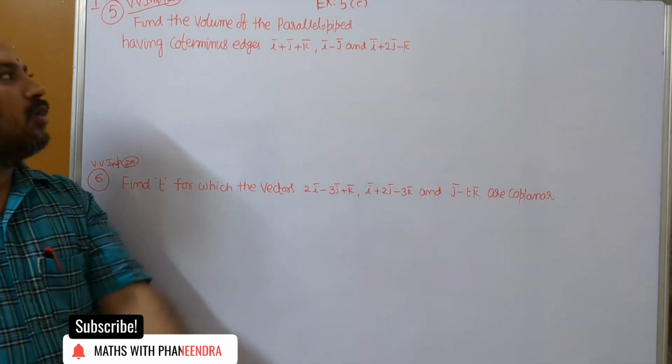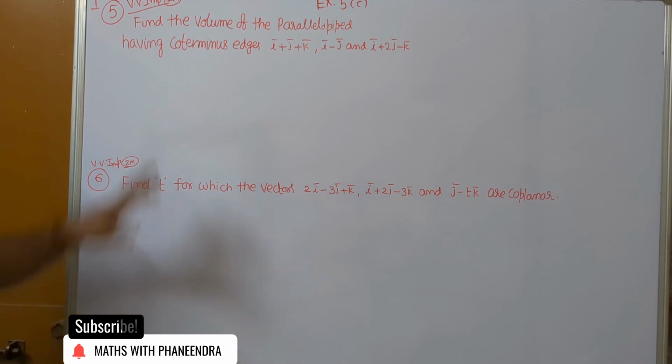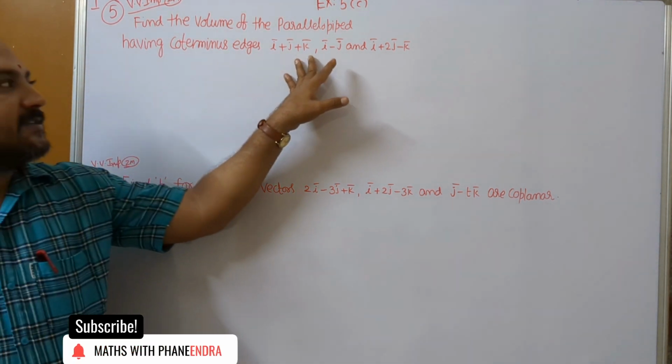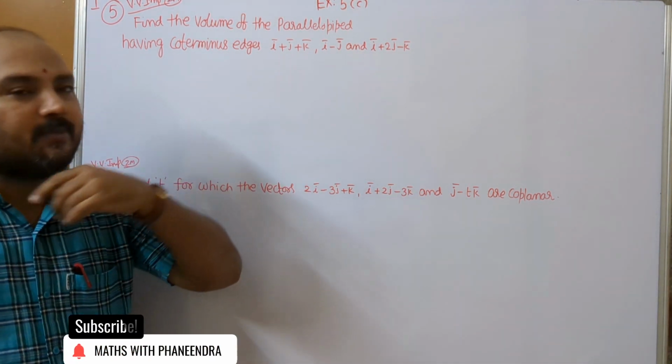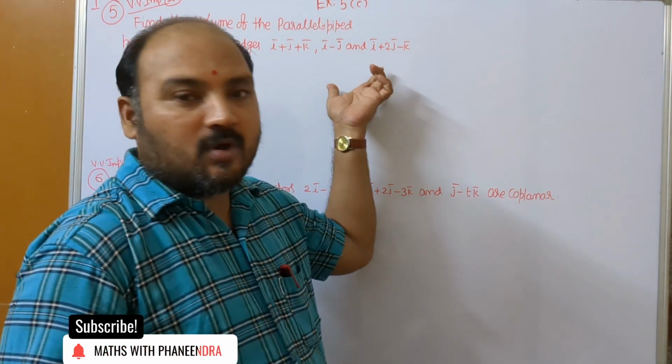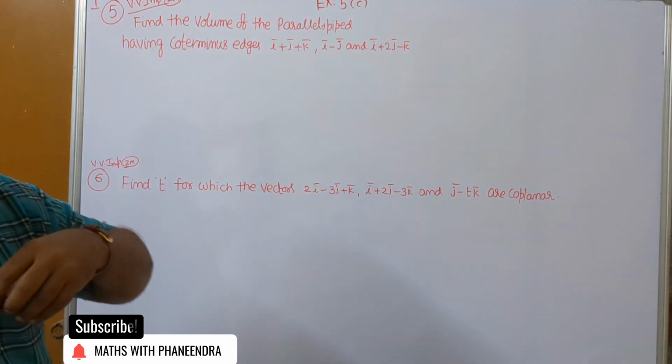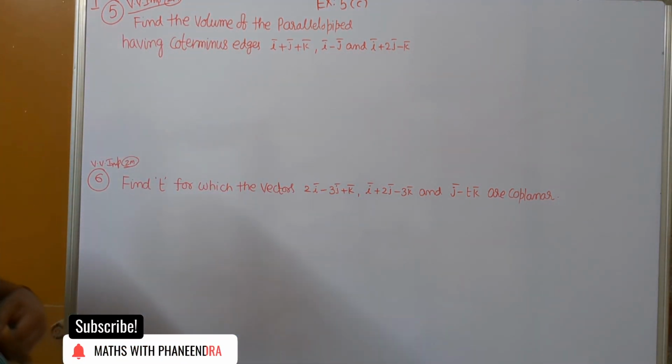Find the volume of parallelepiped having coterminous edges i bar plus j bar plus k bar, i bar minus j bar and i bar plus 2j bar minus k bar. See, this is the way it is given.